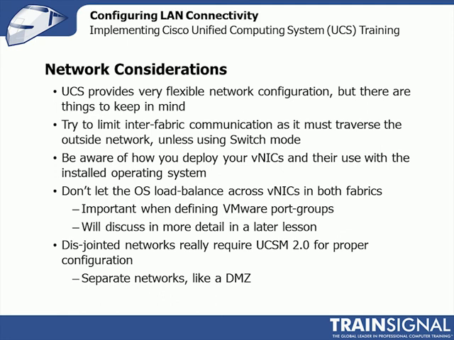And disjointed networks really require UCSM 2.0. I talked about this earlier that we used to do it with pin groups, and now we're doing it with UCSM 2. A disjointed network is a network that is separate from another. I have plenty of customers with a production network and then a physically separate DMZ, sometimes multiple DMZ networks.